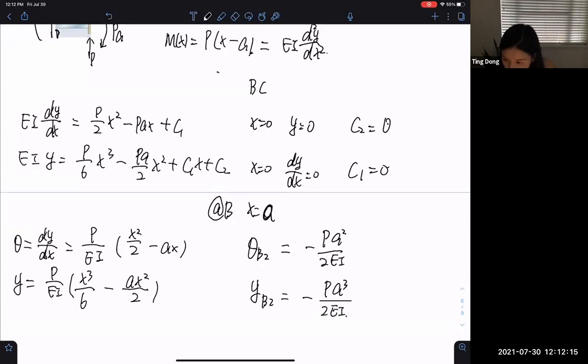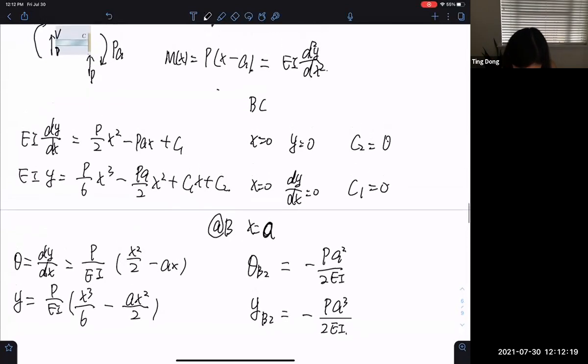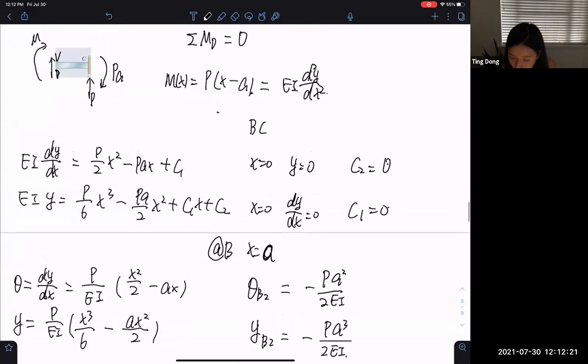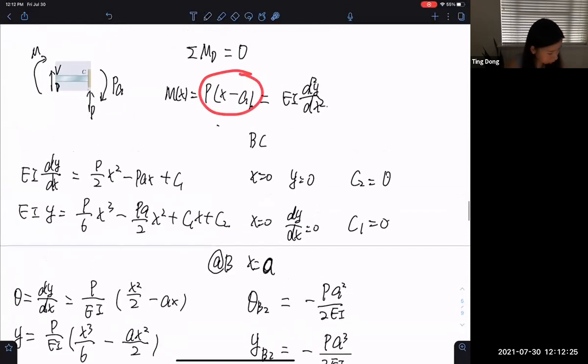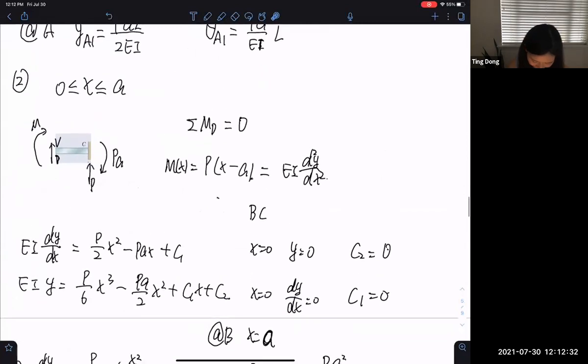Where do we have x minus A? Oh, you mean here? Okay, sorry. I guess because I feel time is limited, I skipped the first step. So I think I still need to put it here.